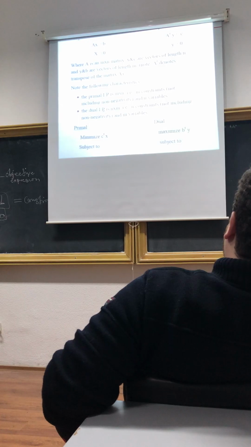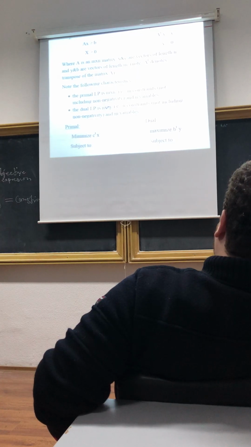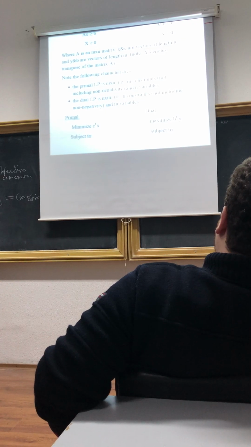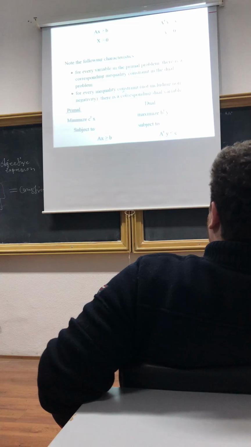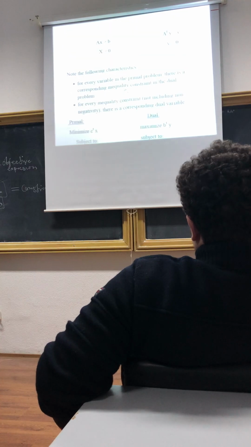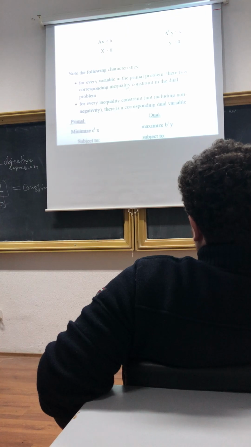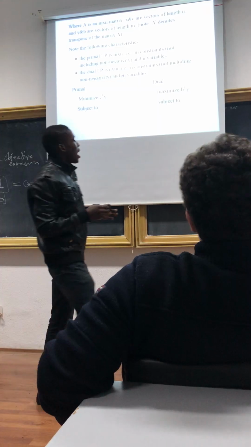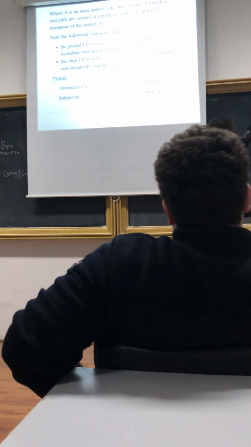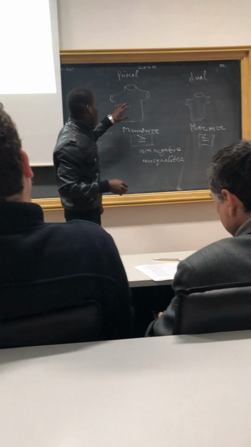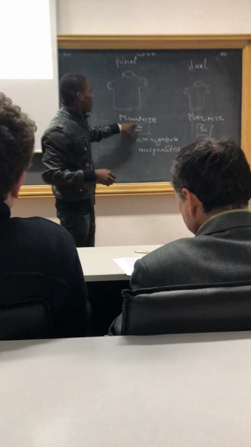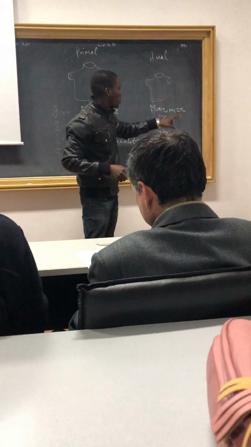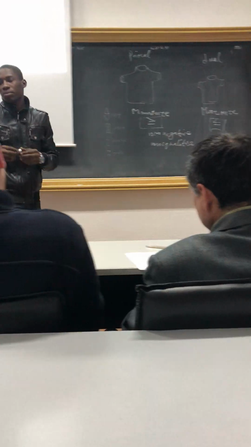The dual linear program is maximum, with n constraints, not including non-negativity, and m variables. So it's the same thing I was saying here, that for every primal, it is to minimize. Then for every dual, it is to maximize.